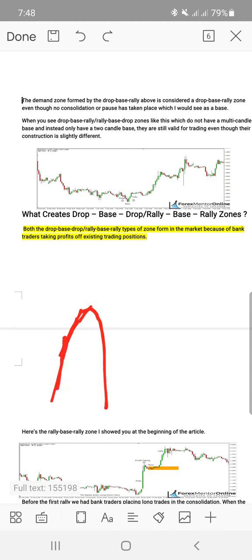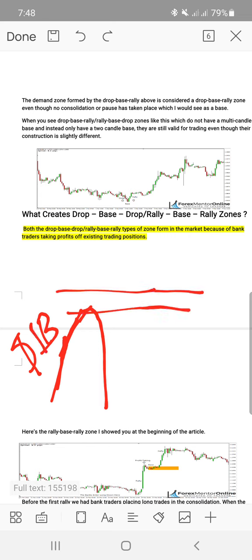Because if the total volume of money used by all the retail traders is, let's say, $1 billion, and the money the institutional traders use to sell is around, let's say, $10 billion, the market will definitely sell because they have a larger volume of money. So you see why it is actually a war between you and them.